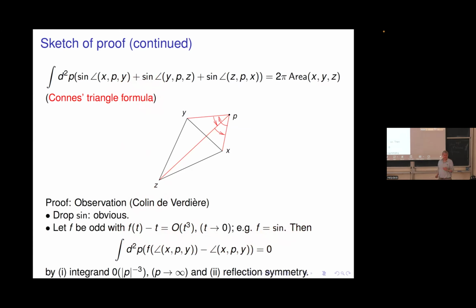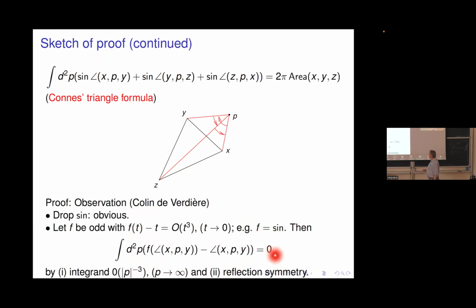It begins like t, but for small t it differs only at cubic order. I claim that if you look at the difference between f of the angle and the angle itself, just for one of the terms, not for the sum, that would be zero.